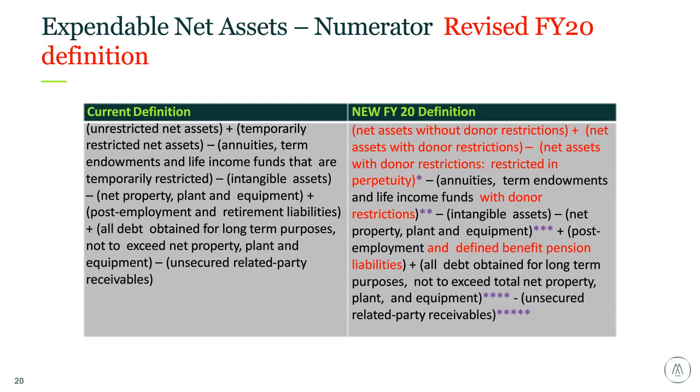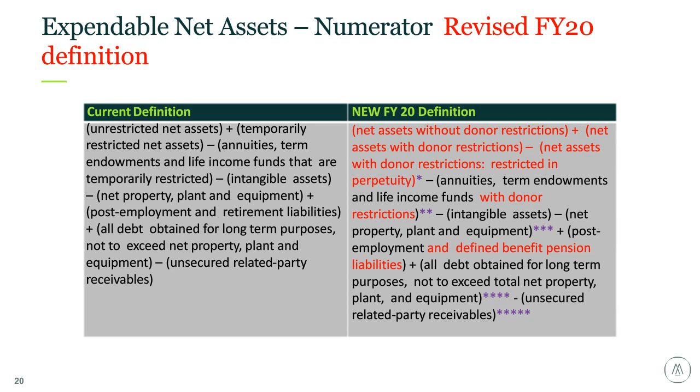So the key changes to the way expendable net assets are calculated: before, we would take unrestricted net assets and your temporary restricted net assets, but now, with the 2016-14 update, it's called net assets without donor restrictions and net assets with donor restrictions.